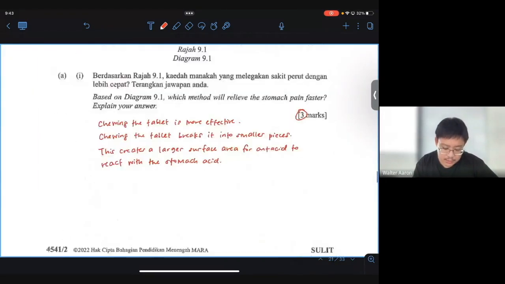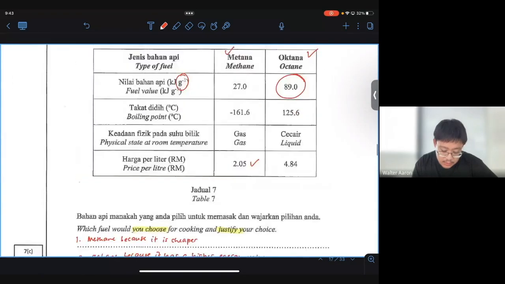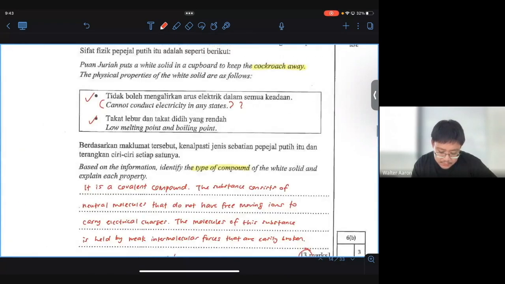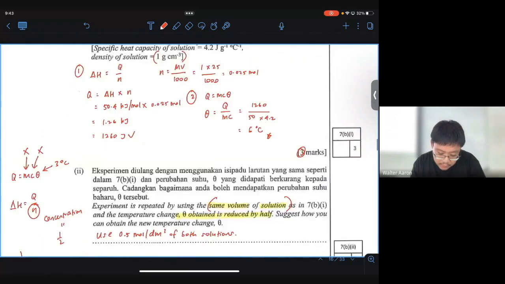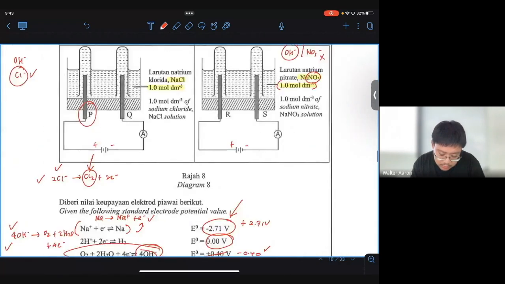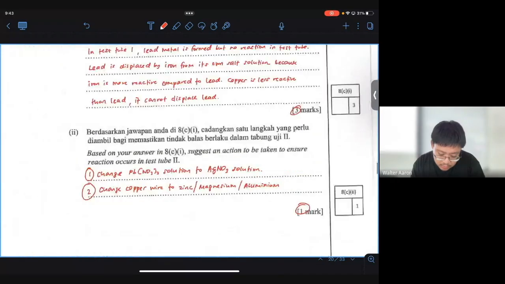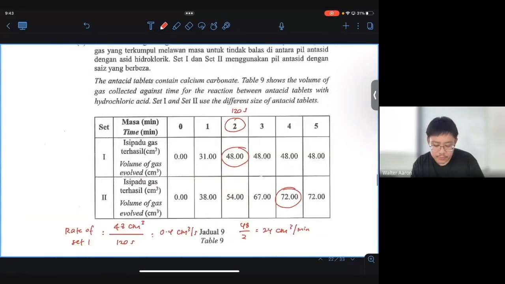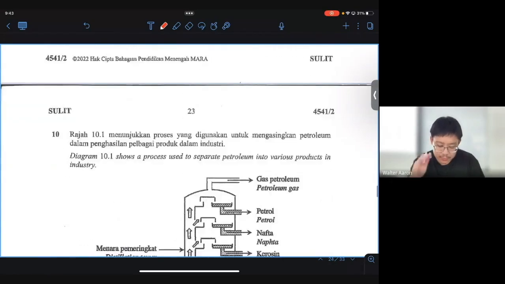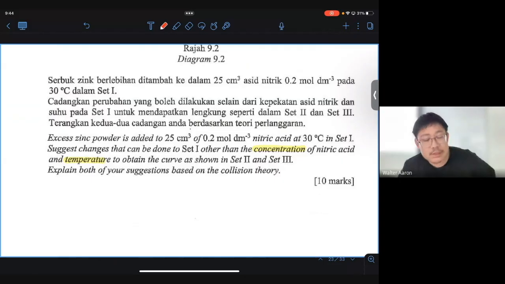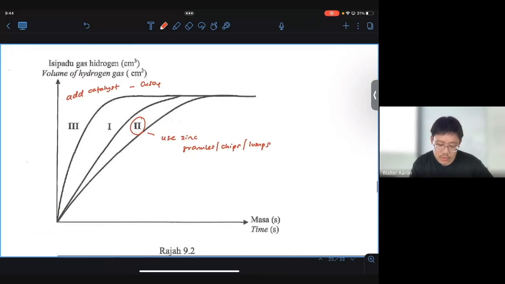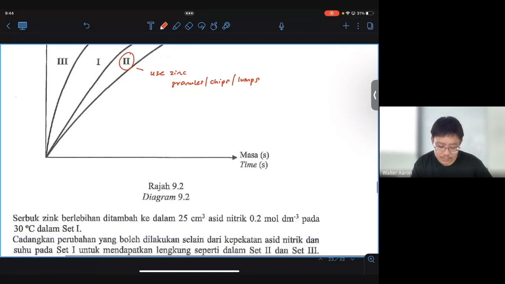There was one experiment that we discussed earlier, sorry, it was with my Form 4 students earlier. There was one question also similar, asking how to increase the rate of reaction. The catalyst they used was actually copper 2 sulfate. So you can either add a catalyst or change to zinc granules to get different outcomes.